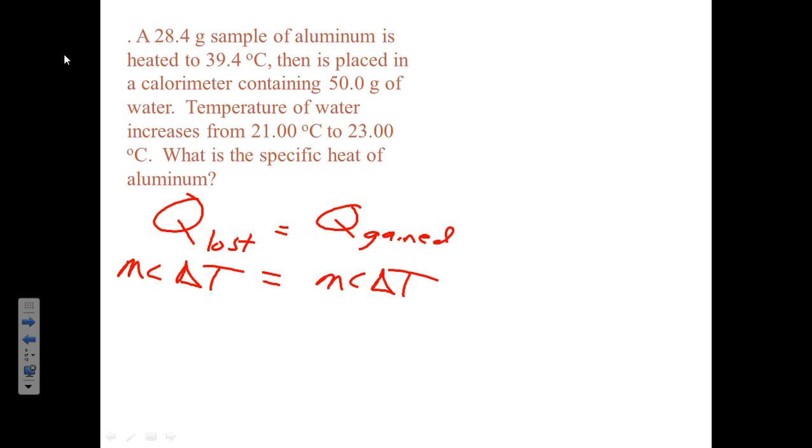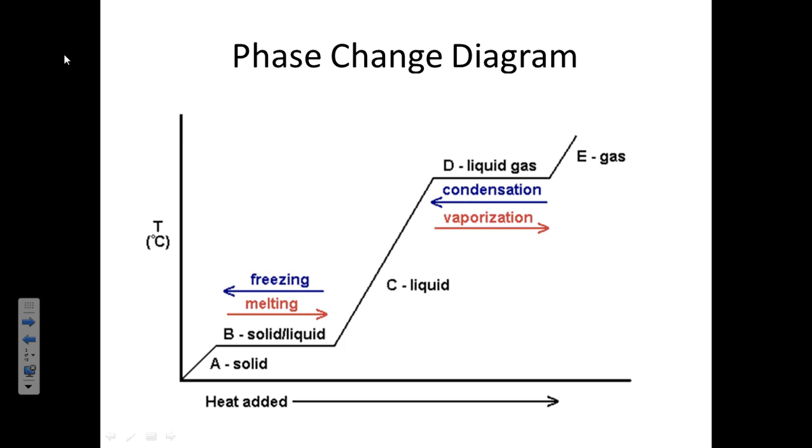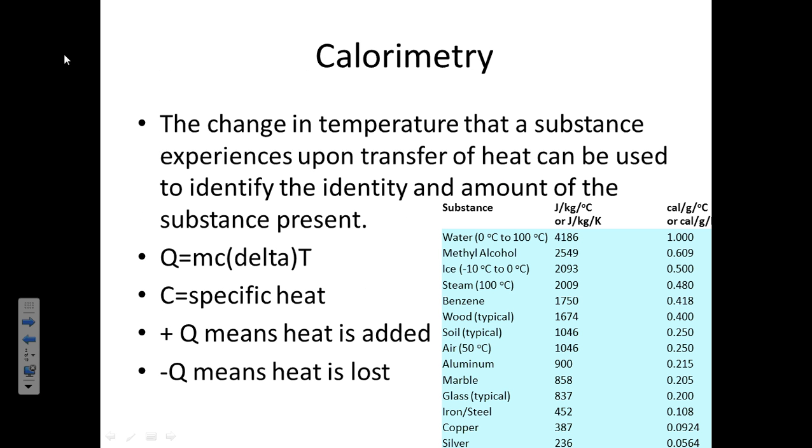So what's the mass of our aluminum? Let me see what units my specific heat table is in. I think it's in kilograms, but let's make sure. Looks like I've got everything in kilograms, so let's work in kilograms. I'm going to write down over here that aluminum's specific heat is 900, and we already know that water's is 4186.